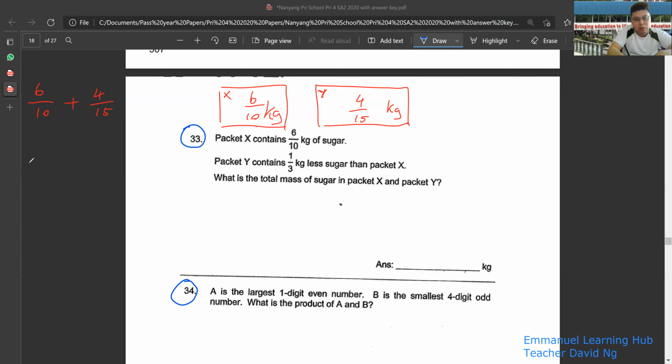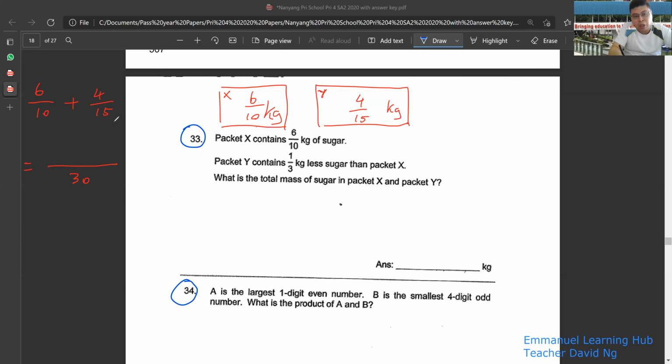Okay, you plus together. So what must you do before you can plus? What's the lowest common multiple of 10 and 15? Okay, lowest common multiple is 30.